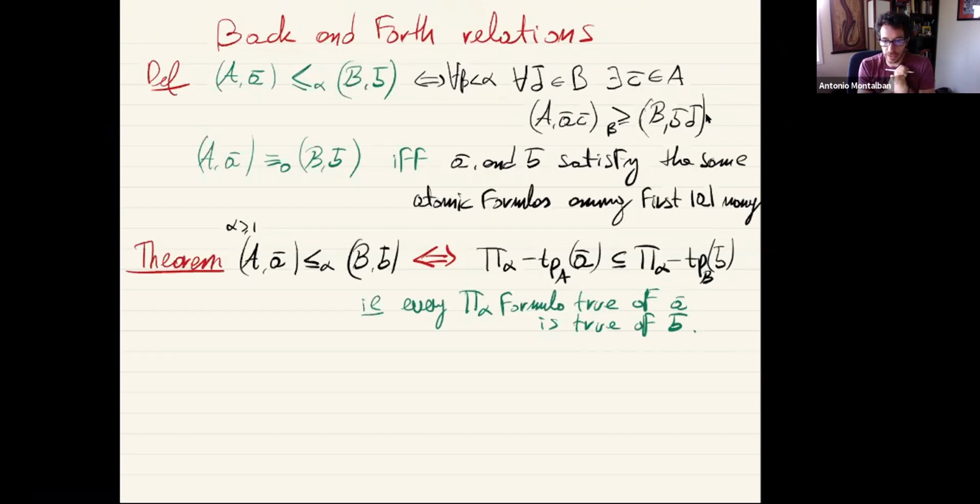Okay, so this theorem might look surprising at the beginning because the two things are saying completely different things, right? One is about which formulas are true in A and B, and the other one is a purely combinatorial definition of this back and forth relation. But then you can see how they are used, because now we can see what things are true if there is a way to separate tuples.